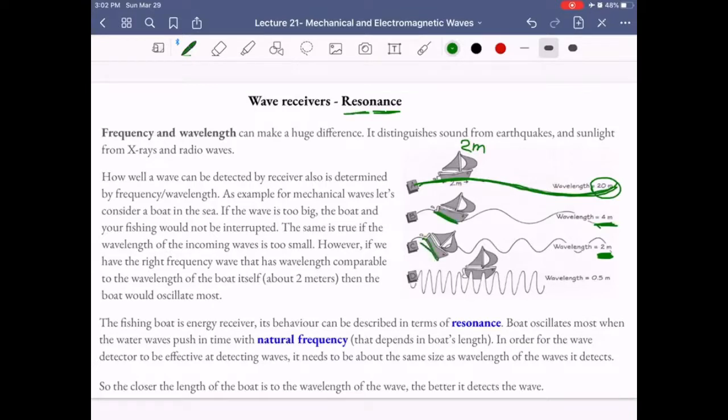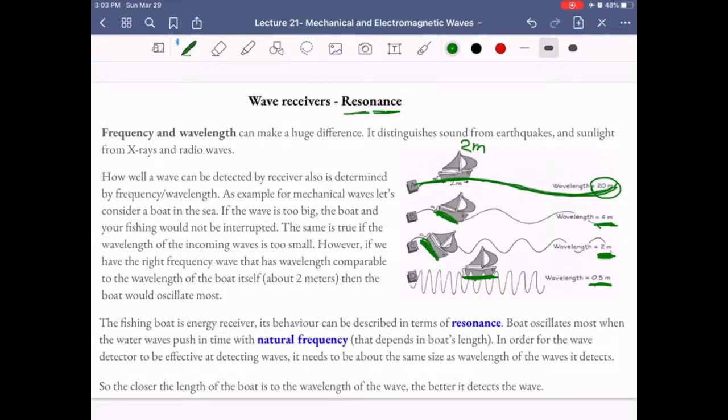You can see here a visual representation of that. But if the frequency is too high or wavelength is too small, then it would have no influence on the boat. So the boat would just carry on being horizontal, and I would just carry on fishing.